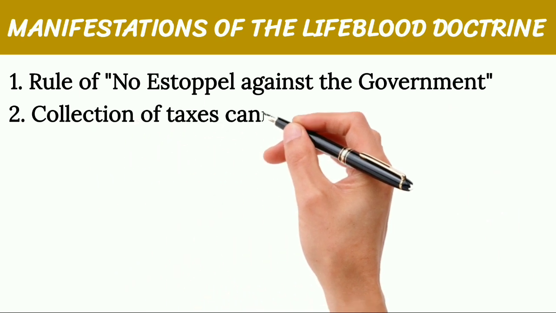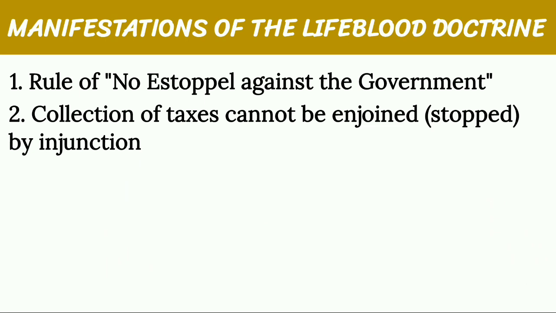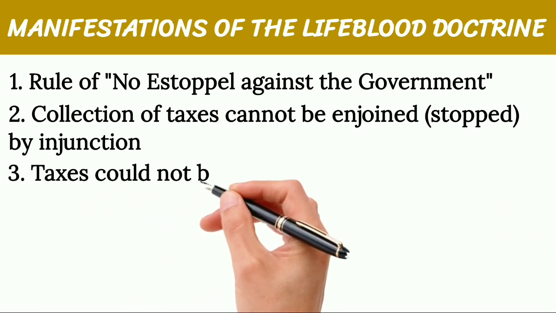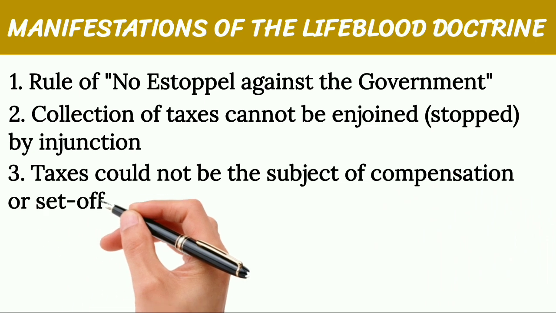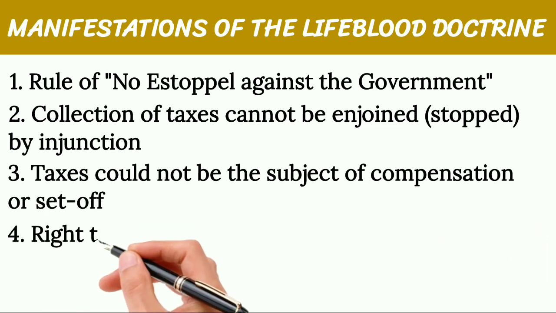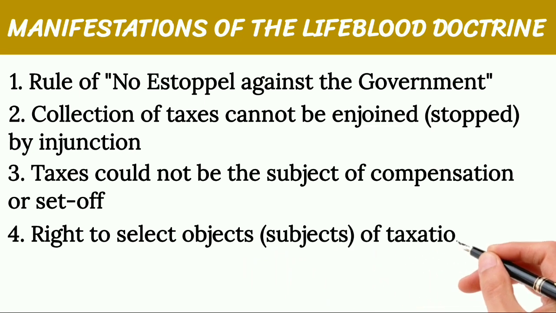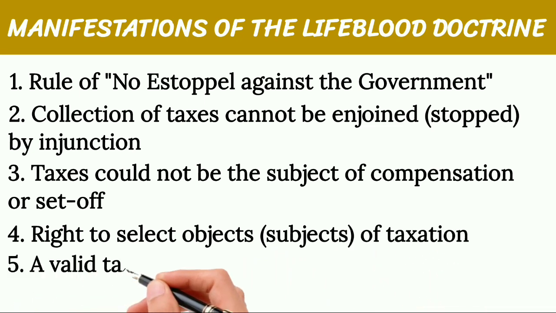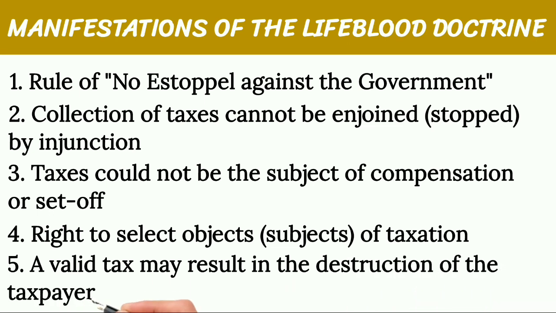Second, collection of taxes cannot be enjoined or stopped by injunction. Third, taxes could not be the subject of compensation or set-off. Fourth, right to select objects or subjects of taxation. And fifth, a valid tax may result in the destruction of the taxpayer's property.